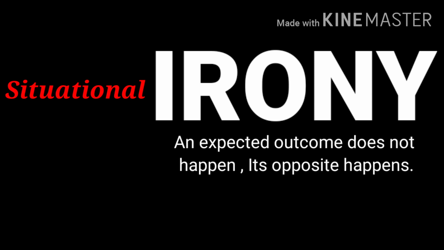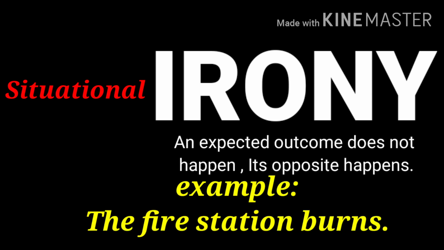Situational irony. An expected outcome does not happen. An unexpected outcome happens. Example, the fire station burns. We can't expect a fire station to be burned. So, unexpectedly, it burns.